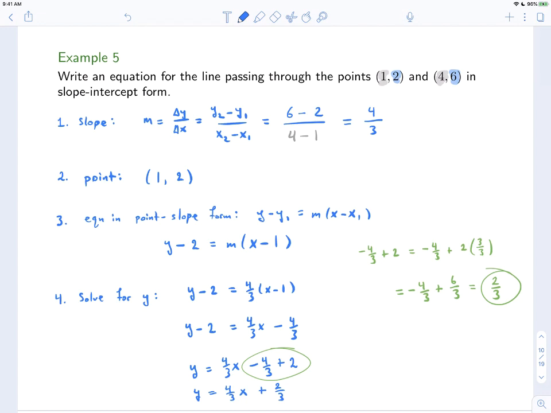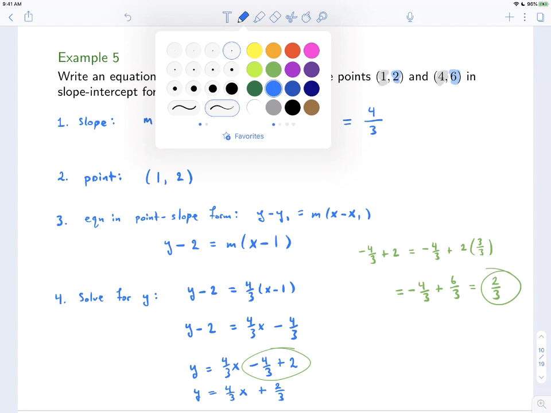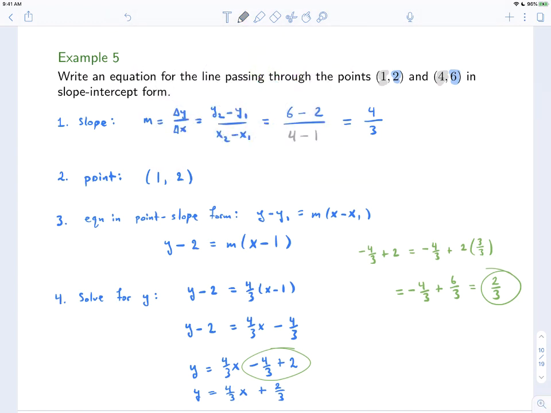If we had chosen the other point, 4, 6, we should get the same thing, and we can just double check that. So now let's use this point, 4, 6. So in point-slope form, we're going to get y minus the y-coordinate equals m, which is 4/3, times x minus the x-coordinate. Now on the face of it, this equation might look different.